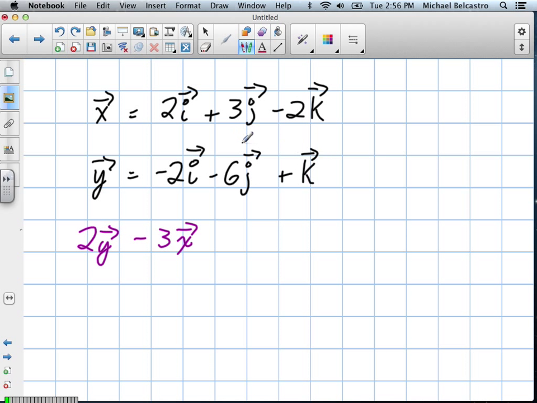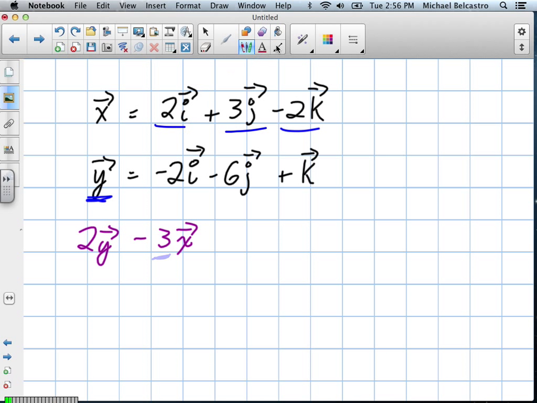This is very similar to substitution. I know there's a lot of vectors involved here, but think of it this way: I can replace vector x with all of these 3 vectors, and we'll just have a scalar of 3 on the outside, which I'll need to apply to all of these. And same with our y.